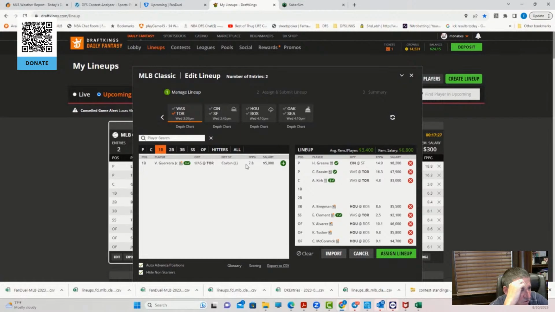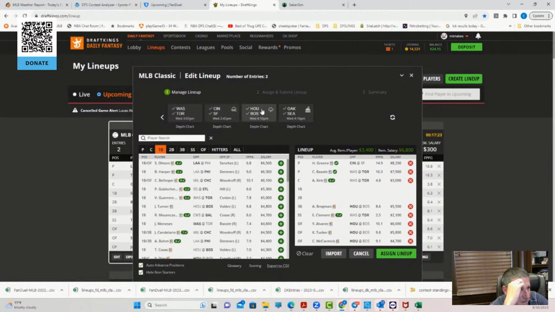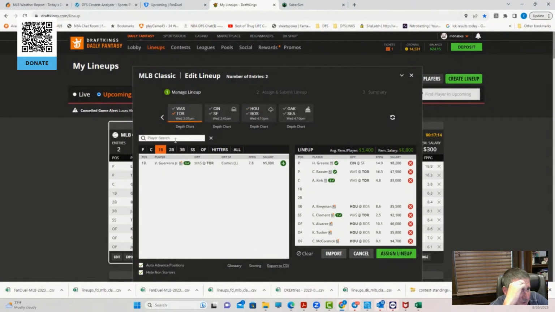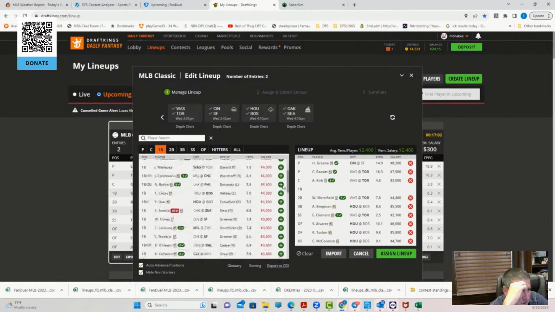You could certainly do this. And then you could even put in another Houston guy, depending on who's starting here. So you play like one of these cheapos. You could play Merrifield pretty reasonably, and we would just need a cheap first baseman.